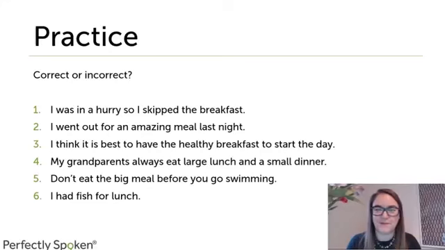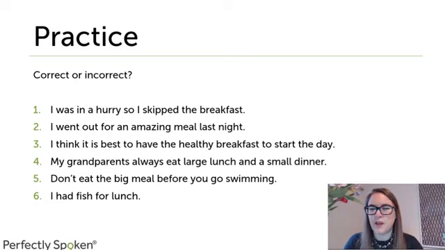Okay, let's try some practice examples. So 6 sentences. Are they correct or incorrect? Number 1, I was in a hurry, so I skipped the breakfast. Number 2, I went out for an amazing meal last night. Number 3, I think it's best to have the healthy breakfast to start the day.